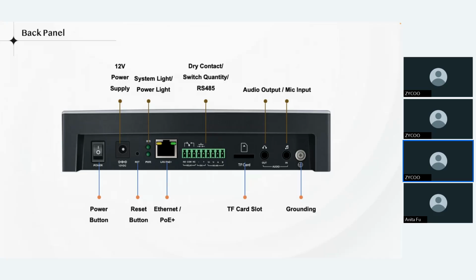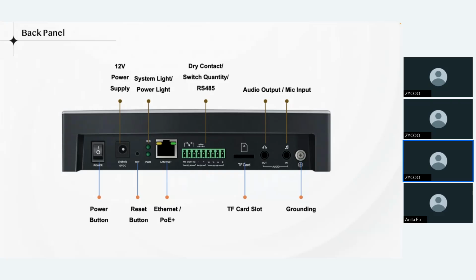Okay. In addition, the M100 is equipped with the TF card slot on the back panel, and you can insert the 32 gigabyte TF card inside it, and it allows you to insert or remove it when needed, and it is used for storing the audio files to be played.